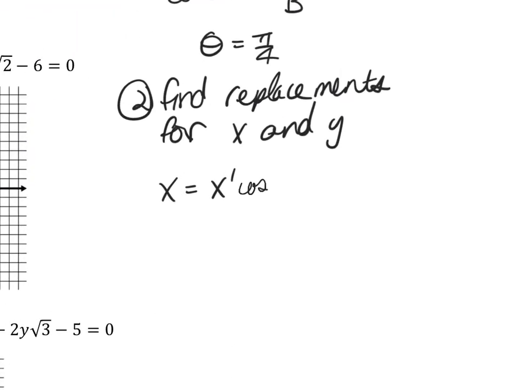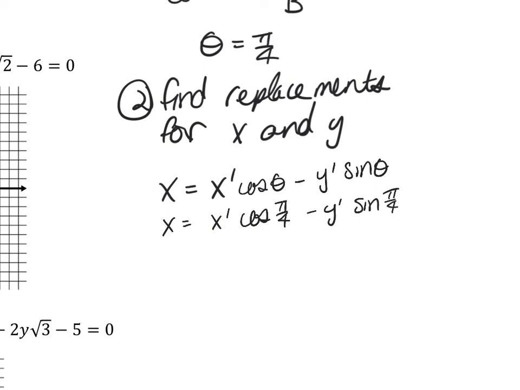X is equal to x prime cosine of my angle minus y prime sine of my angle. So x is going to equal x prime cosine of pi over 4 minus y prime sine of pi over 4. So wherever I see x in my original equation, I'm going to replace it with x prime square root of 2 over 2 minus y prime square root of 2 over 2.